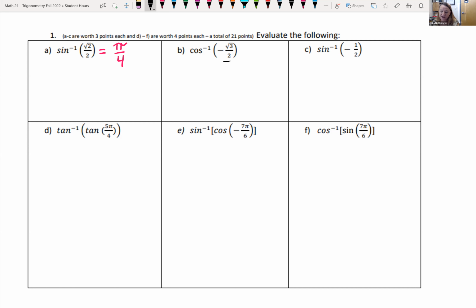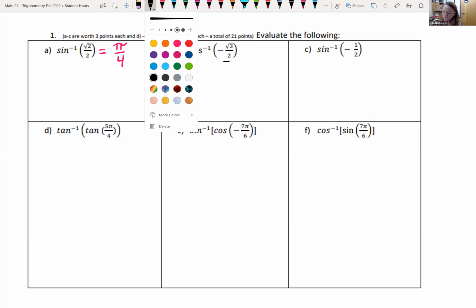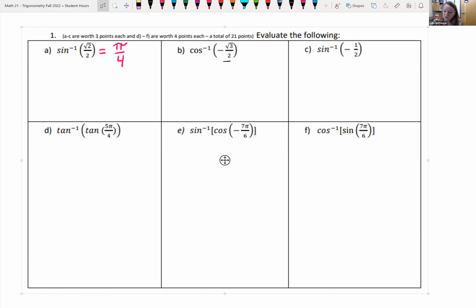That's cosine of 30 degrees or pi 6. But it's in quadrant 2, so pi 6 is my reference angle. I can figure out what angle gets me there by looking at pi minus pi 6. That would give me 5 pi 6.